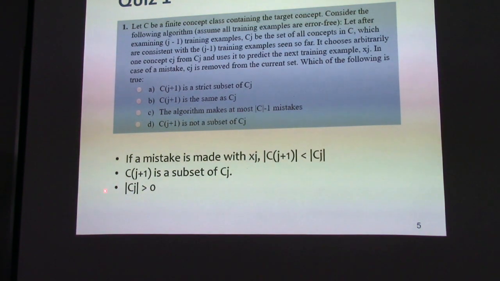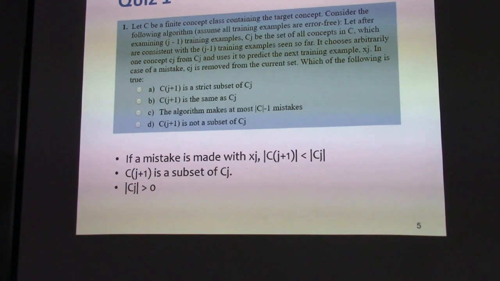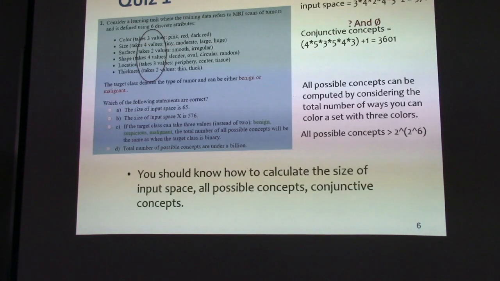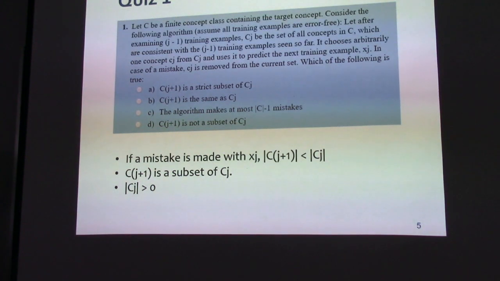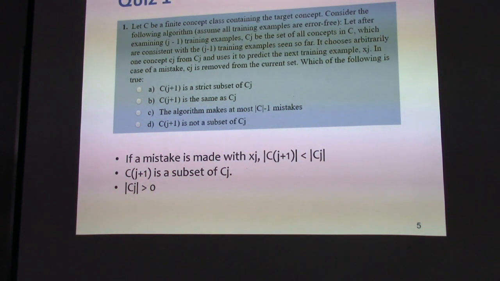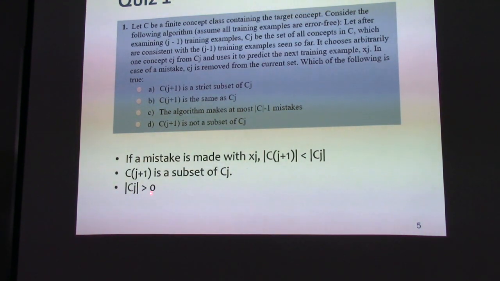The second is that CG plus 1 is a subset of CG, which means that the size of CG cannot increase. The third is that the size of CG cannot be 0.